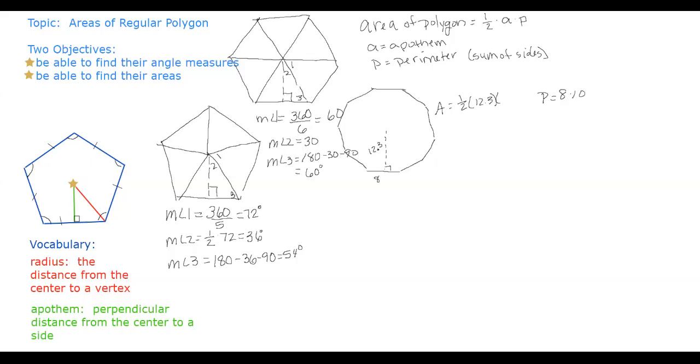So my perimeter is 80. And then I multiply that out. I'm going to get that my area is 492 inches squared. So make sure you put your units.